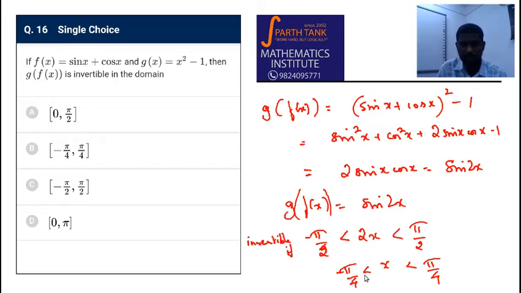For x, it will be in this region. Of course, you can have the inclusive limits also. That's how we get the closed interval minus pi by 4 to pi by 4. Because outside this limit, the sine of 2x is a multiple valued function. So it will be one to many kind of inverse, which doesn't exist.